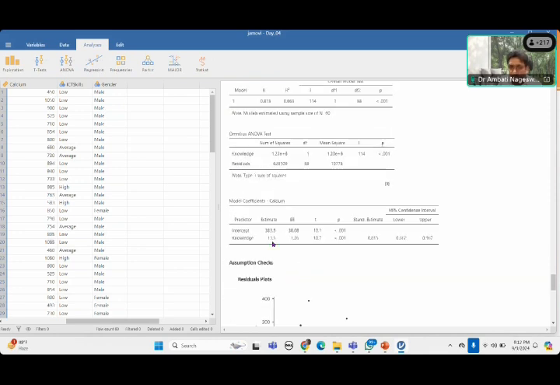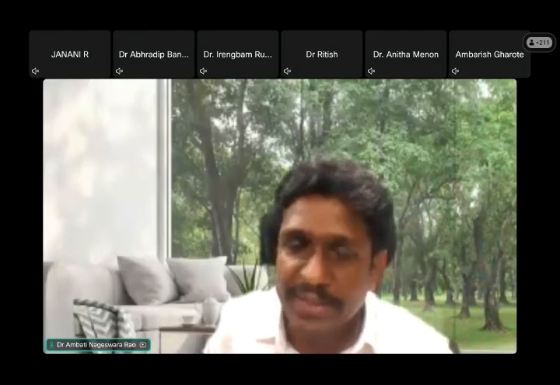And third and last important point, every 1 unit of change in knowledge test score leads to 13.5 milligrams change in calcium intake. So this is all about simple linear regression.